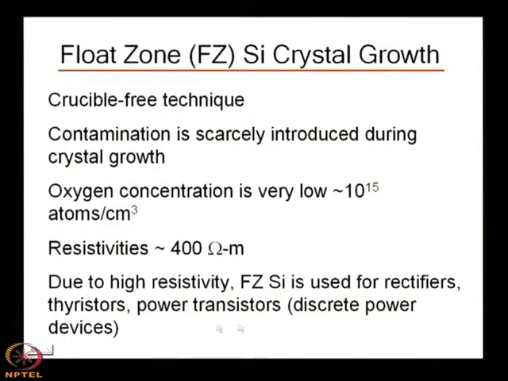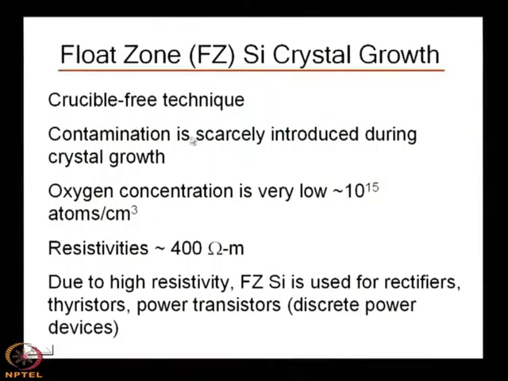But there are some applications, particularly in discrete power devices, that means devices known as rectifiers, thyristors, power transistors, etc., where a very high resistive material is required. So, this material must be free from any kind of impurity, and that is why no contamination is allowed in this case, because due to contamination the resistivity decreases.